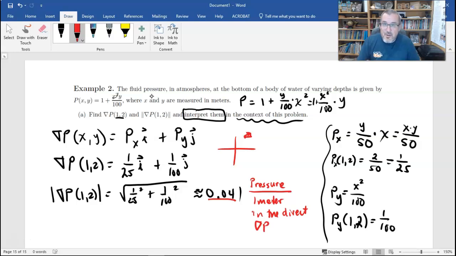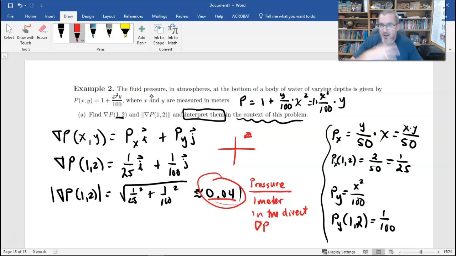So if you move in the direction of that gradient vector, you will experience an increase in pressure of 0.041 units of atmospheres per meter, let's just say. And that will be the greatest rate of change. I promise you, if you tried moving in any other direction, the rate of change will not be as great as 0.041. It'll always be less.